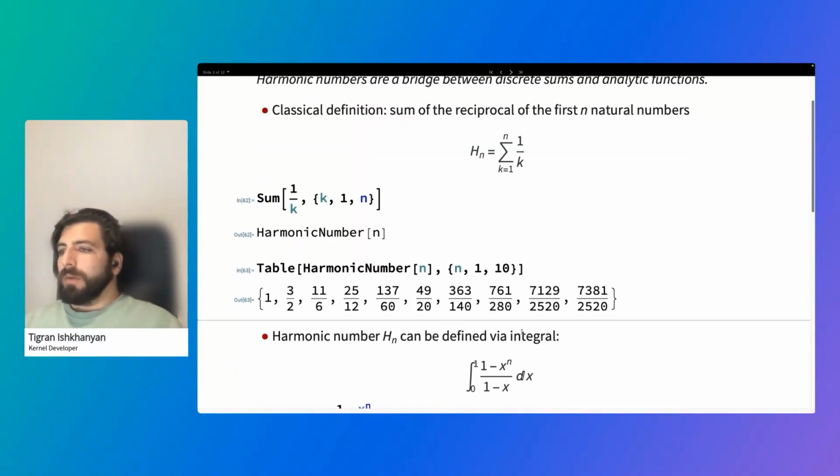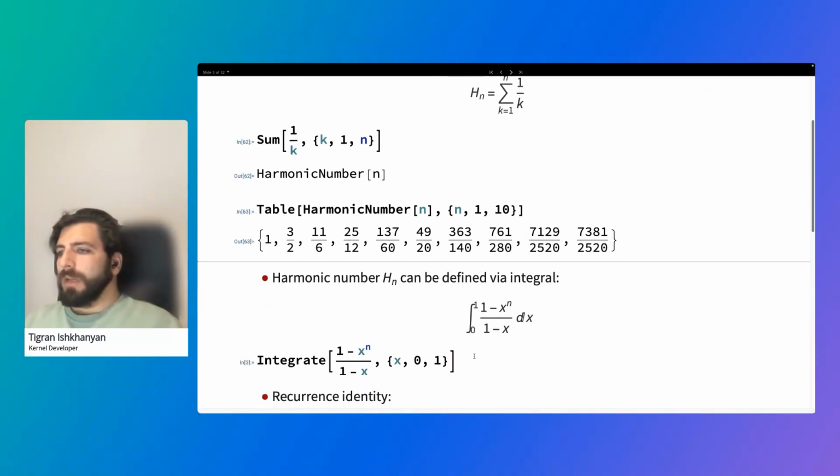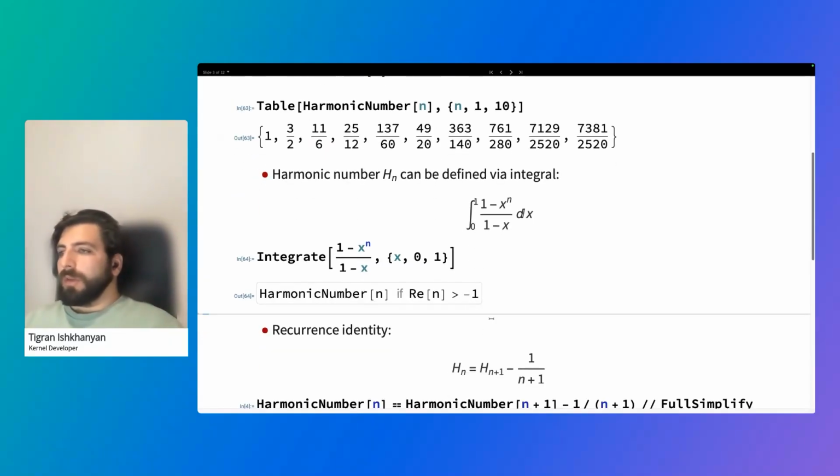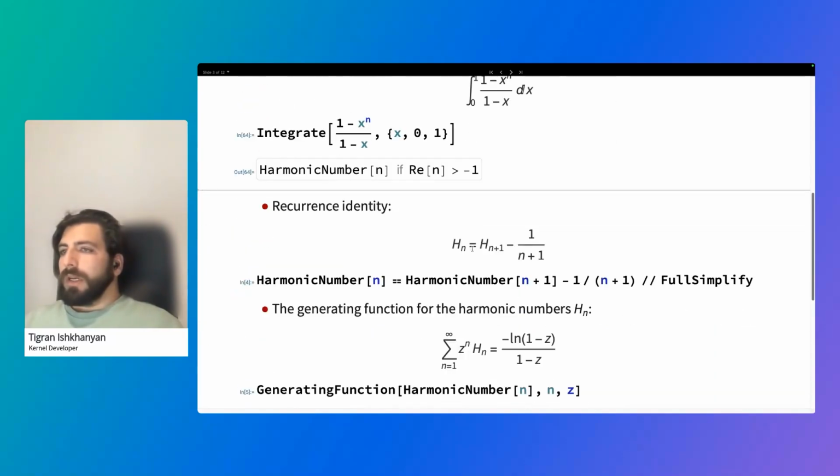Alongside this definition, the harmonic number can also be defined via this integral, for real numbers n, in fact not only for integers. The harmonic number also satisfies different recurrence identities, one of which is presented here, connecting the harmonic number of order n with the harmonic number of order n plus 1, and it's quite an understandable formula.